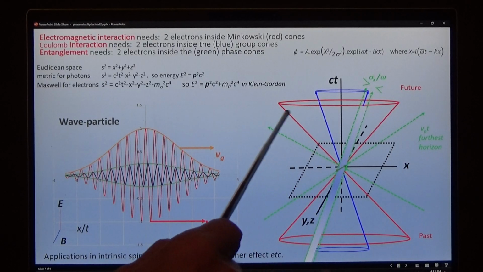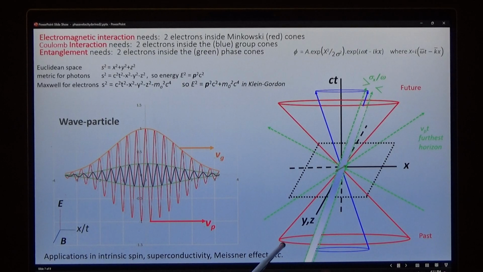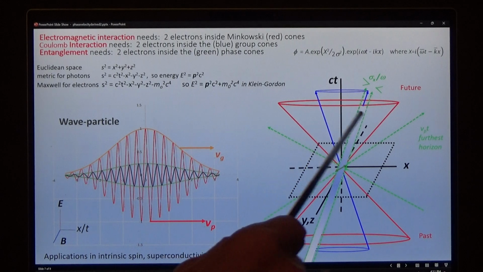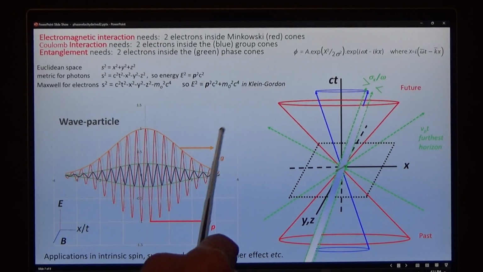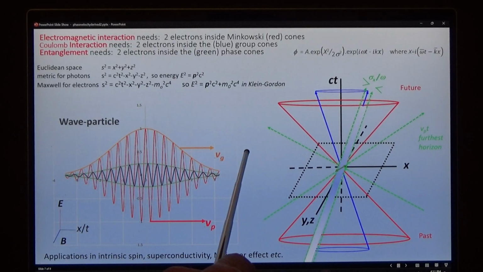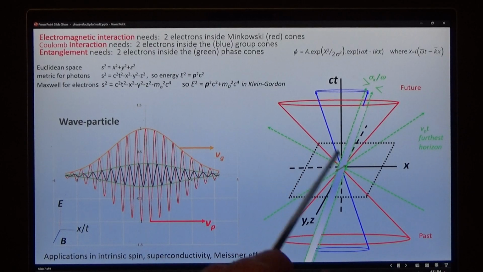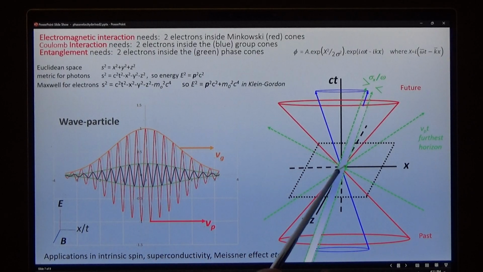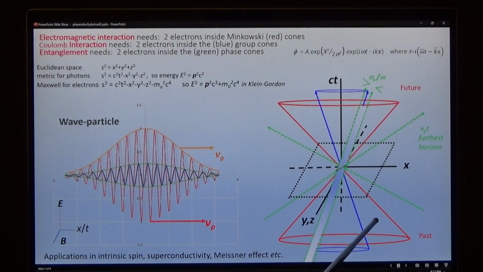These light cones define where a second particle has to be in order to interact with the particle at the origin. If the second particle is outside the cone, there's no interaction. But if the second particle is inside the cone, they are electromagnetically correct in the future or in the past.